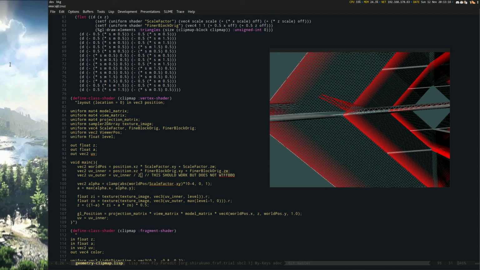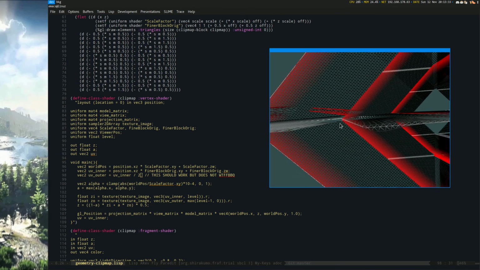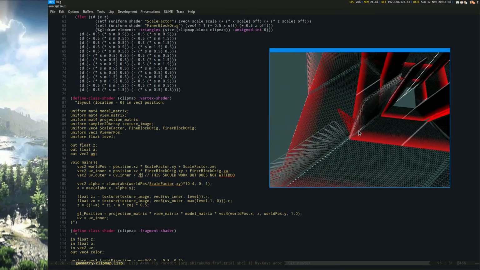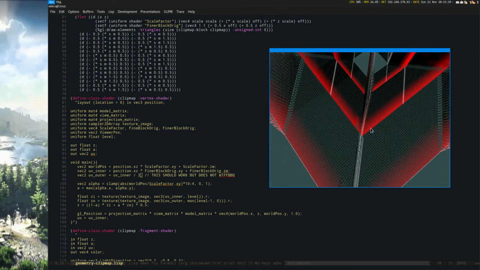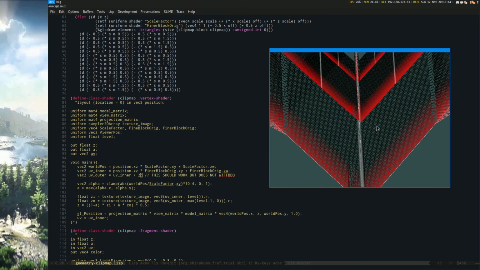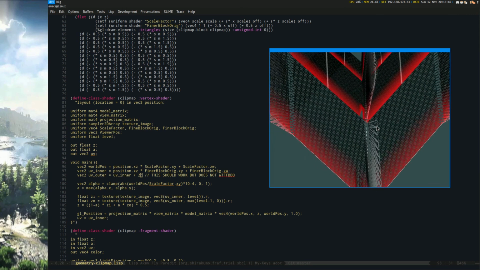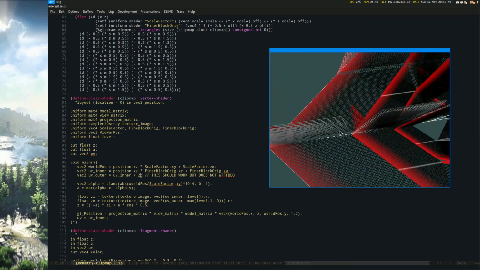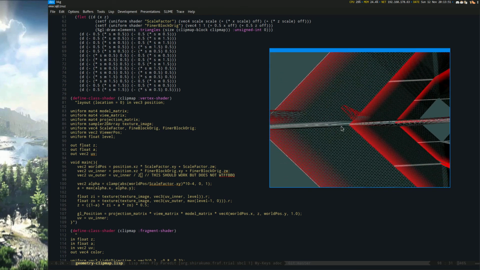Hold on a sec. Yeah, I wish we didn't have these offsets. If I didn't have to worry about the offset stuff, then a lot of things would be a lot easier and a lot less troublesome.